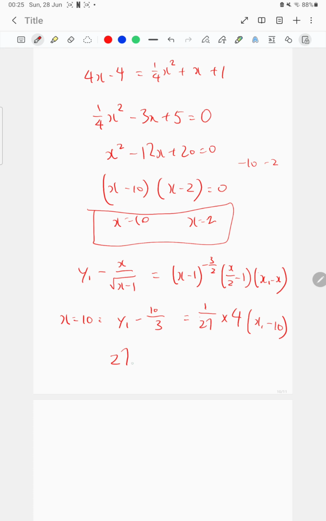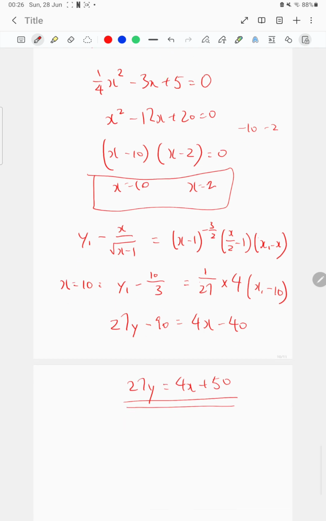So 27y, we can just replace the y1 with y now, minus 10 over 3 times 27. That is 10 times 9, so 90, equals 4x minus 40. So that is 27y equals 4x plus 50. That is one of the equations.